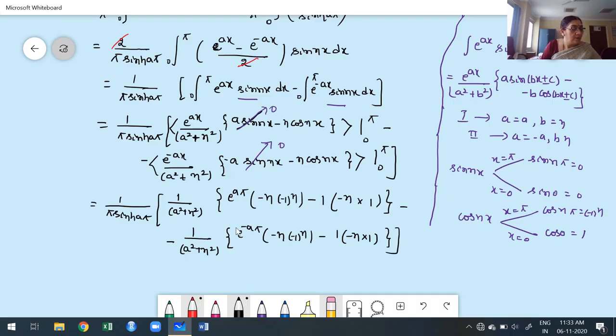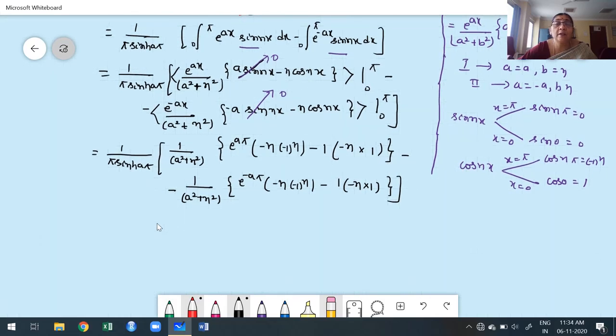Now move to the next step. While moving to the next step, observe carefully. Now I have to, what's a common factor? A square plus n square. Therefore, 1 by pi into a square plus n square into sine hyperbolic a pi of, what's the remaining here? Now I have to multiply that. What we get? Minus n into minus 1 to the power of n e power of a pi. This is minus into minus plus n.